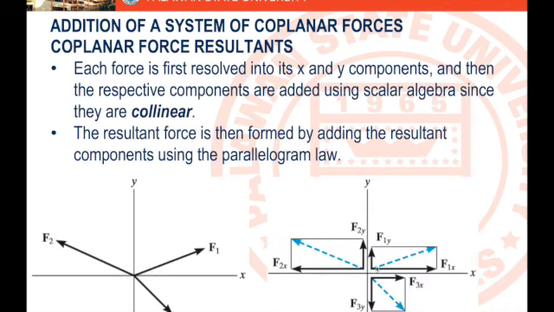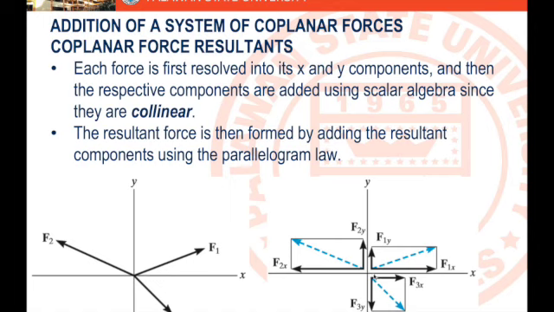Same goes for y. We have F1y going to the positive y direction, F2y going to the positive y direction, and F3y going to the negative y direction. So if we sum this up using scalar algebra, that would just be F1y plus F2y minus F3y.